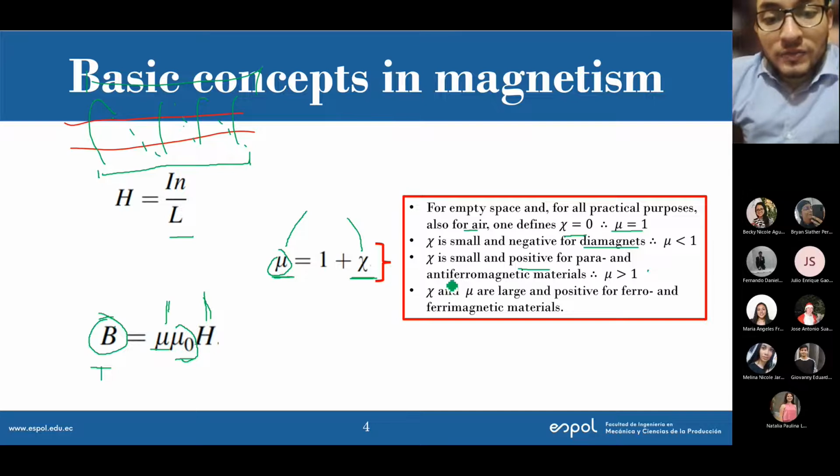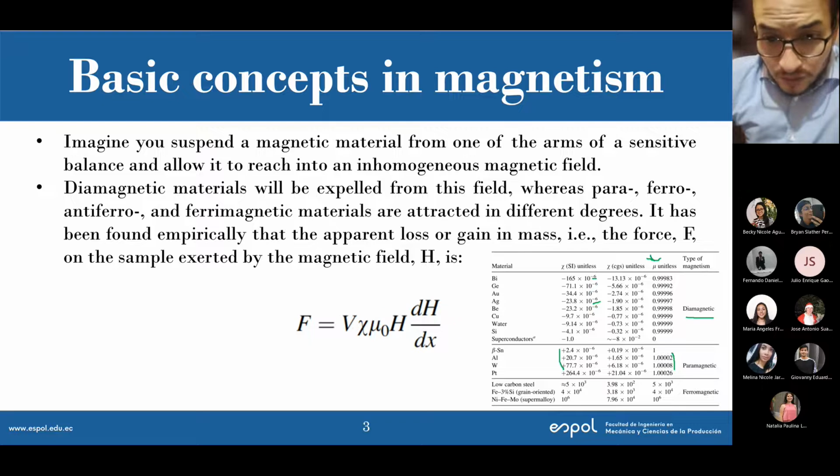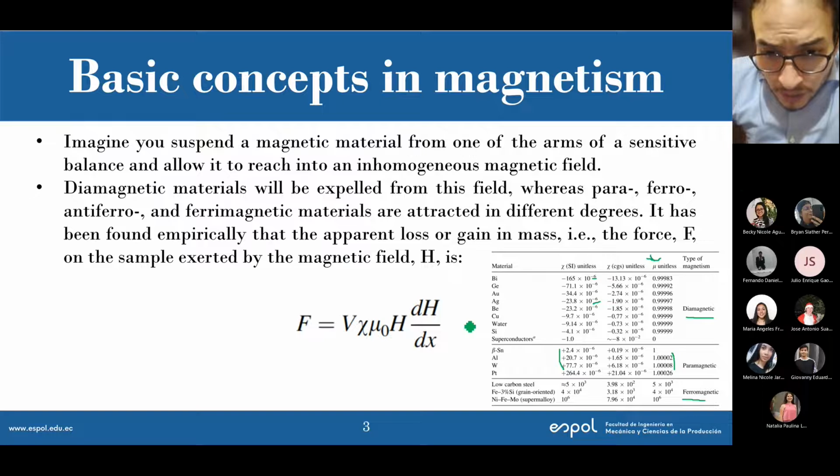Now, what happens for ferro and ferrimagnetic materials? Chi and mu are both large and positive for these materials, and you can see in the table chi is large, and mu is also large.